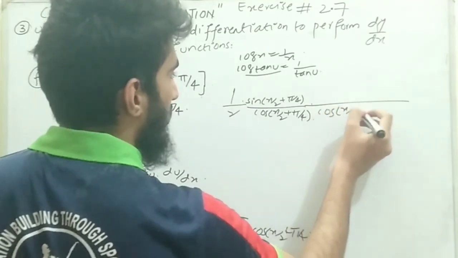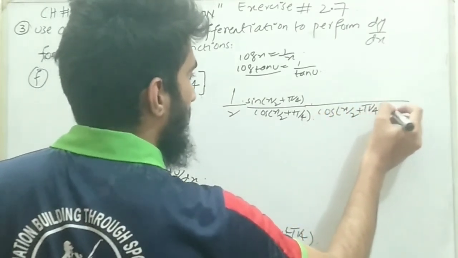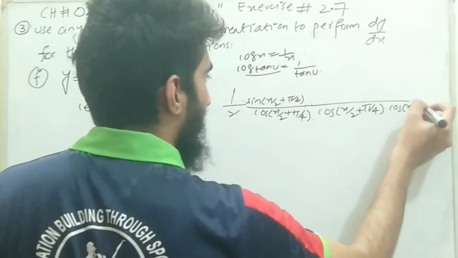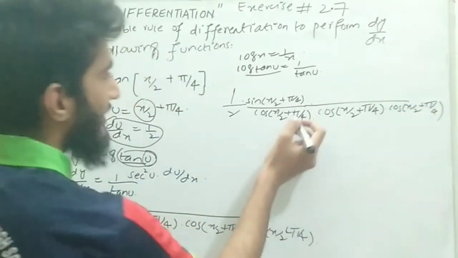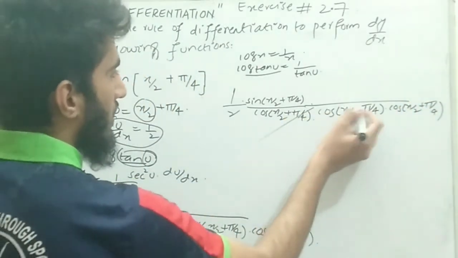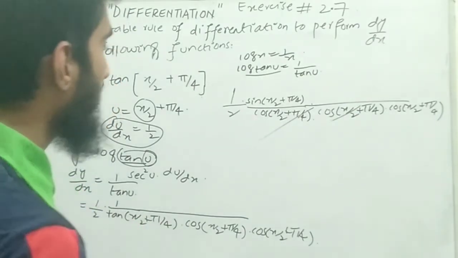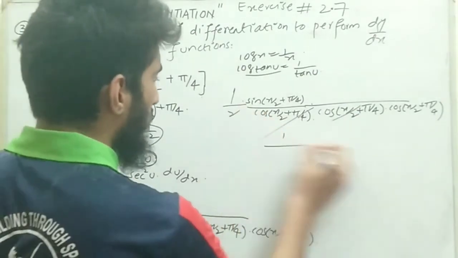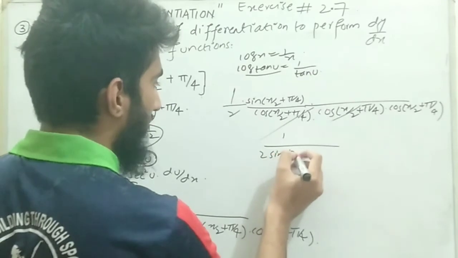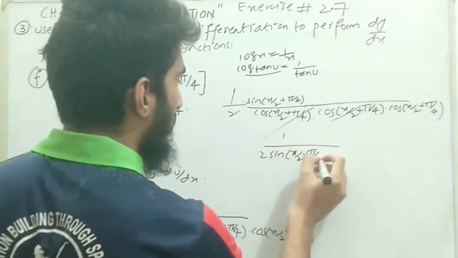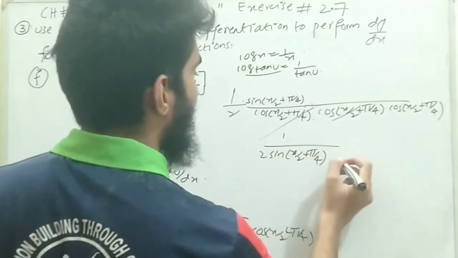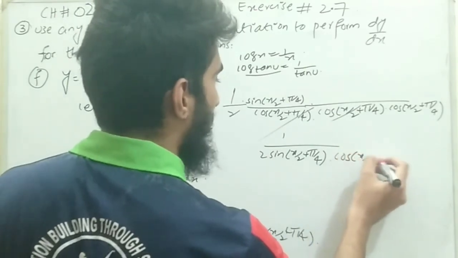After this one cos of x by 2 plus pi by 4 will cancel out, so in the denominator we are left with 1 over 2 into sine of x by 2 plus pi by 4, and also cos of x by 2 plus pi by 4.